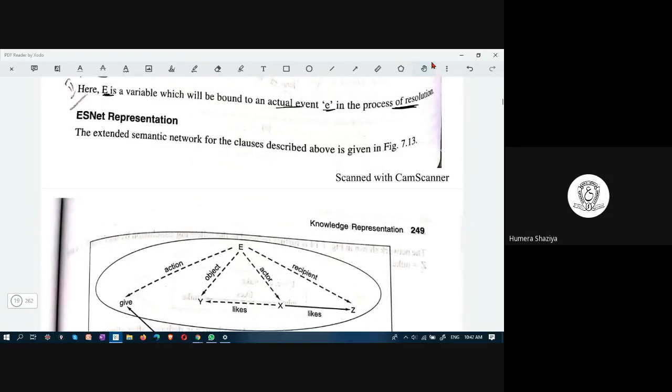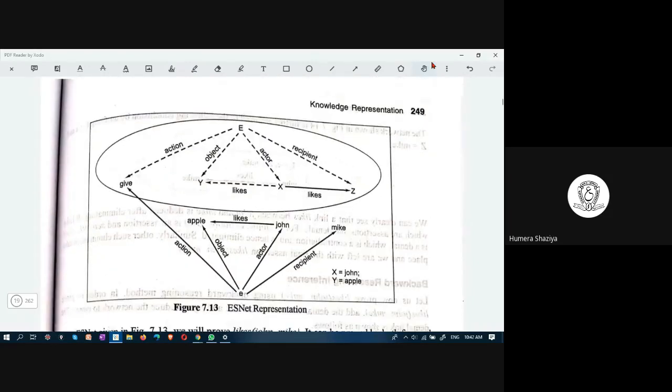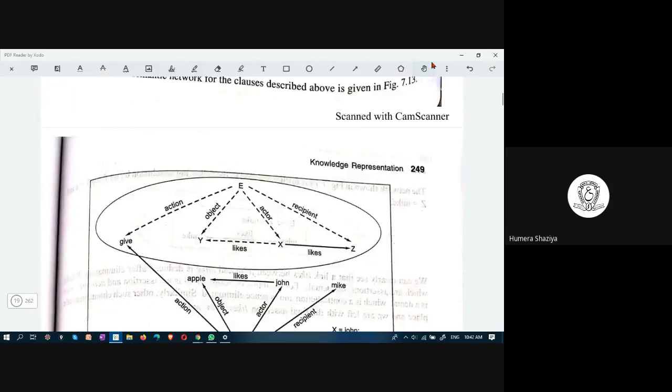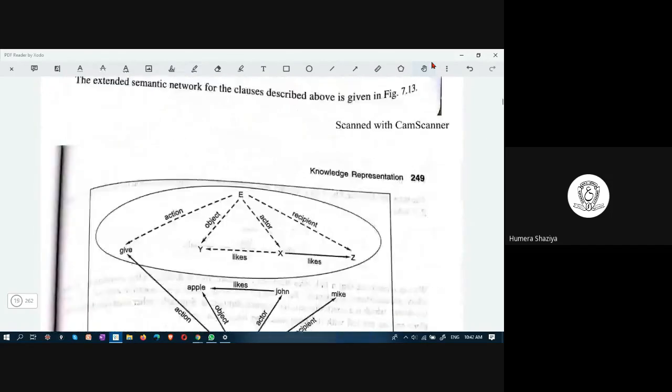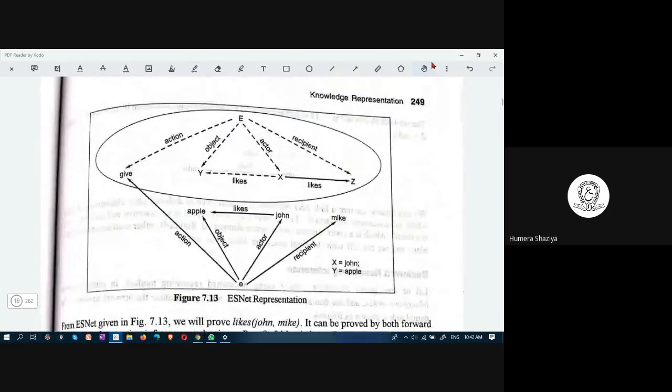This is ESNet representation. These 6 clauses are represented in ESNet in this form. What is the form?